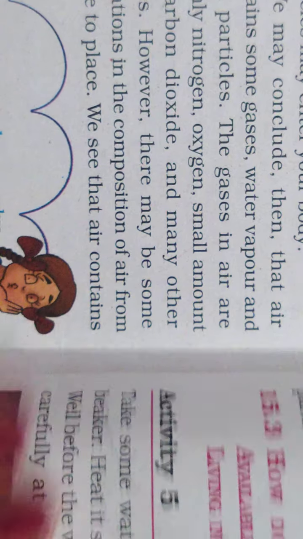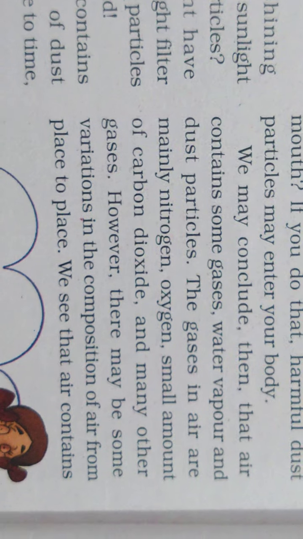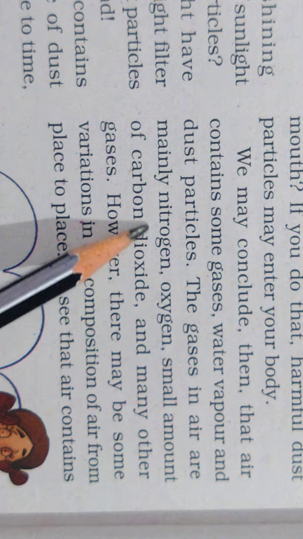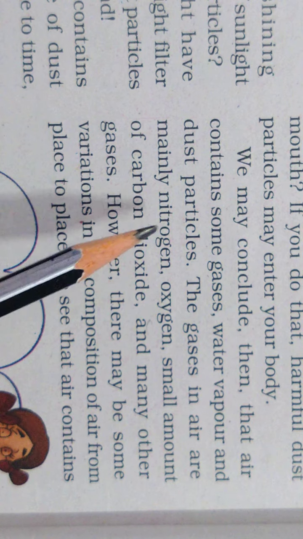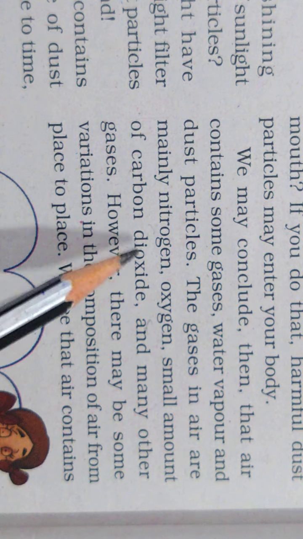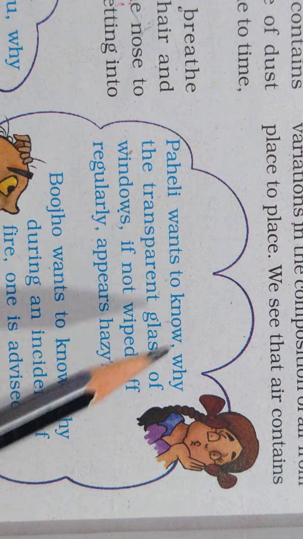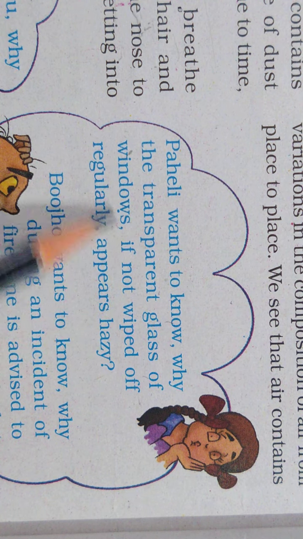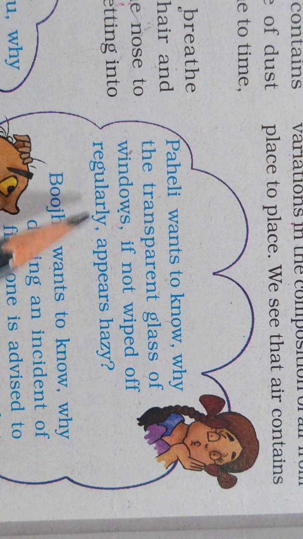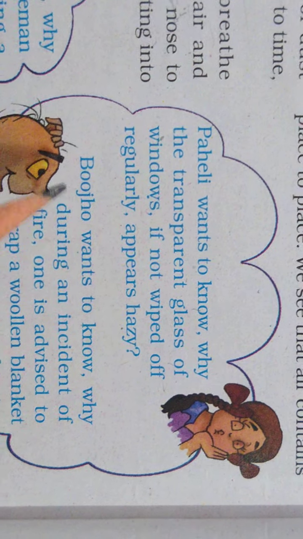We have come to know about all the properties and components of air: nitrogen, oxygen, carbon dioxide, and we have learnt the properties of air. So now see, Paheli wants to know why the transparent glass of a window, if not wiped regularly, appears hazy.